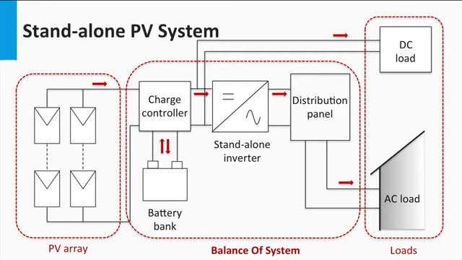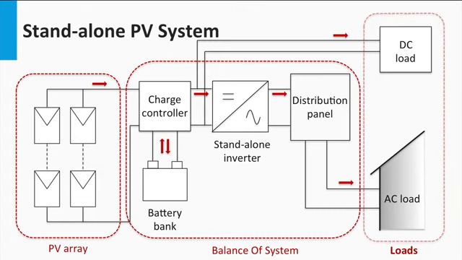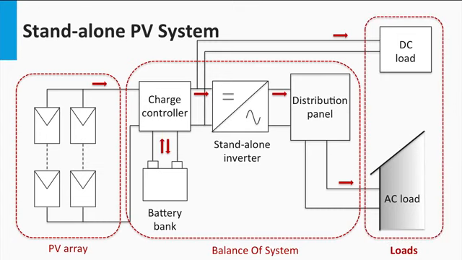In general, everything in the PV system minus the PV array constitutes the balance of systems, or BOS. The system could be connected to both DC and AC loads. Of course, the DC loads would be powered by the DC power before the inversion stage.